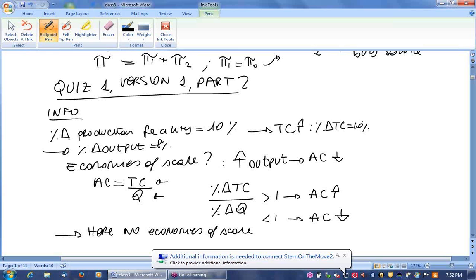Constant return to scale. Okay, so if you increase the total cost by 10% and the quantity increases also by 10%, it's a constant return to scale. Okay? Other questions?